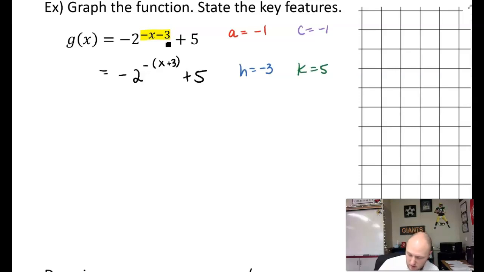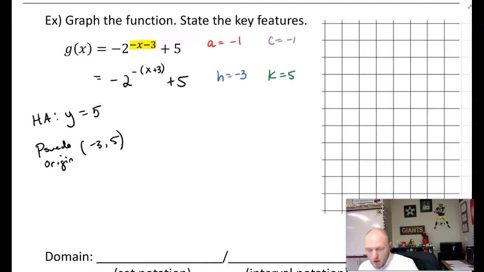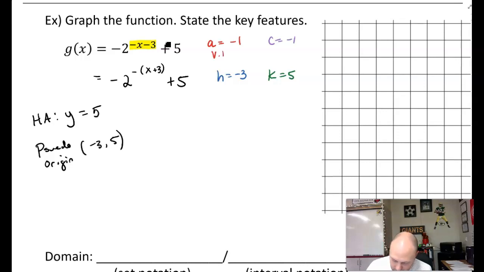Okay, so I do have a horizontal asymptote at y equals 5, and then the pseudo origin is going to be -3, 5. Also, though, I do have reflection of two types. I do have a vertical reflection, and I do have horizontal reflection as well.